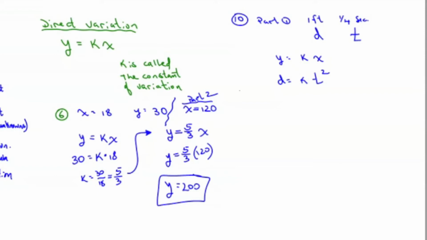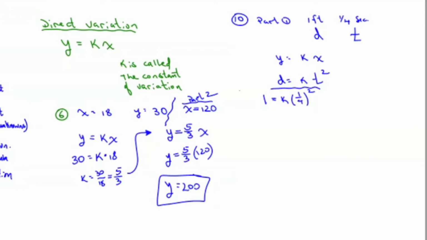Alright, so this is our format. It's not a formula until we solve for K. Alright, so part one. How far did it fall and how long did it take to fall down? It took a quarter second to fall 1 foot. So the first part is going to be 1 equals K times a quarter squared.